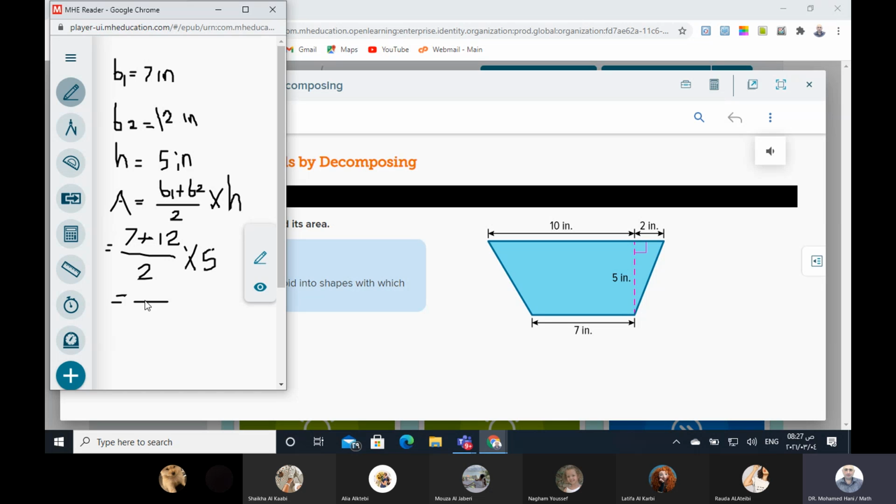Now 7 plus 12 will be 19, divided by 2, times 5.